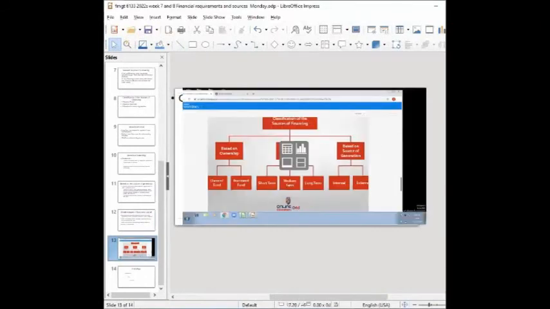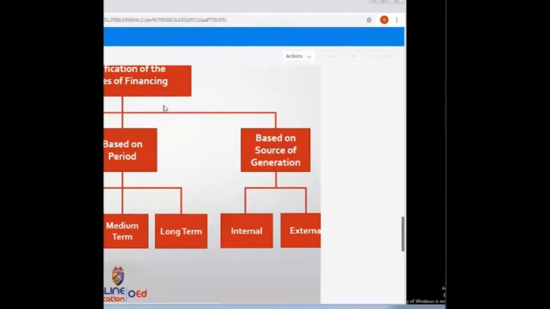Okay, to summarize, in classifying the sources of financing, you have three classifications. Based on ownership, you have two classifications, that is owner's fund and borrowed fund.